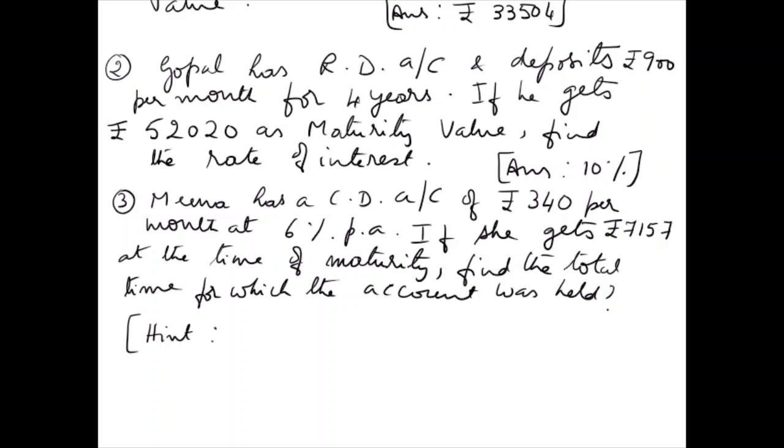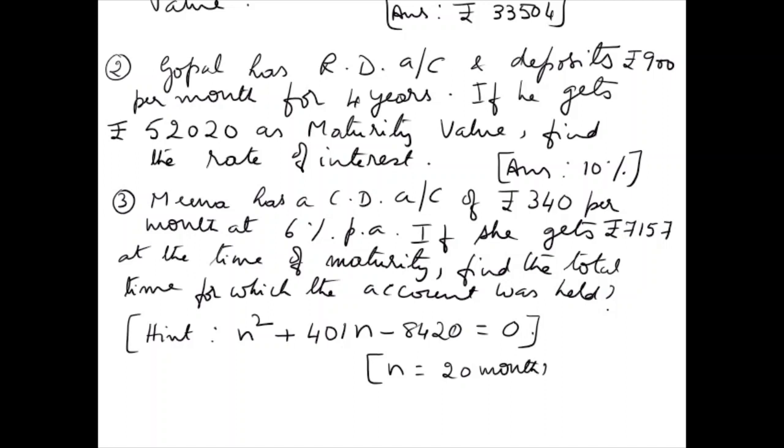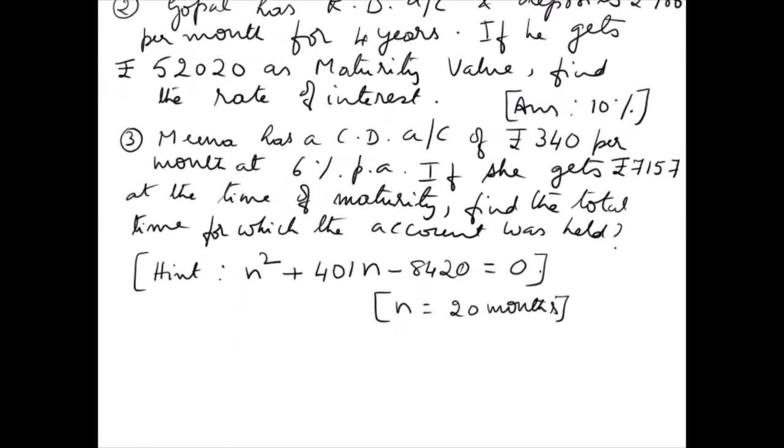The quadratic equation turns out to be n square plus 401n minus 8420 is equal to 0, and the answer you will get is n equal to 20 months. Though in the boards finding n is not very often asked, you must practice this type of sum also, because you never know, you may get it.